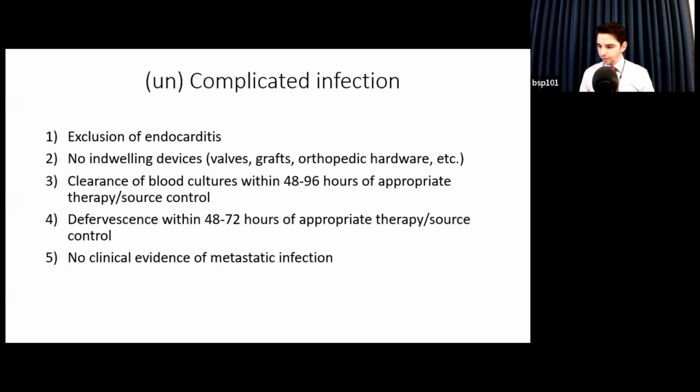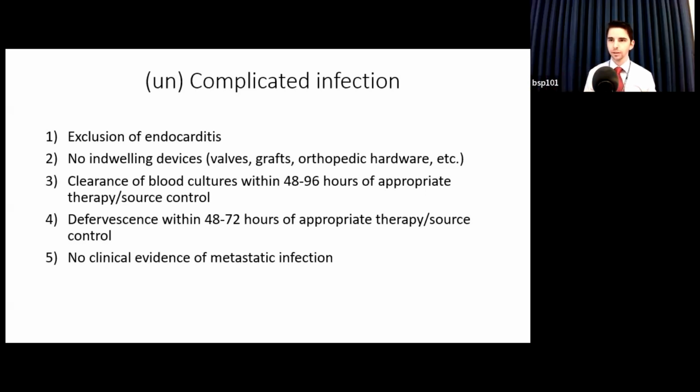For Staph aureus bacteremia to be uncomplicated, you need to have excluded endocarditis. Your patient cannot have any indwelling devices. You must have cleared blood cultures or have negative blood cultures within 2 to 4 days of starting appropriate therapy and acquiring source control. Your patient should defervesce within 3 days, and you must not have any evidence of metastatic infection.